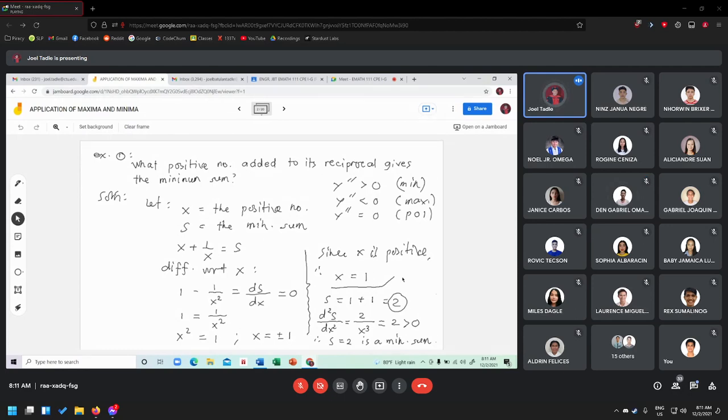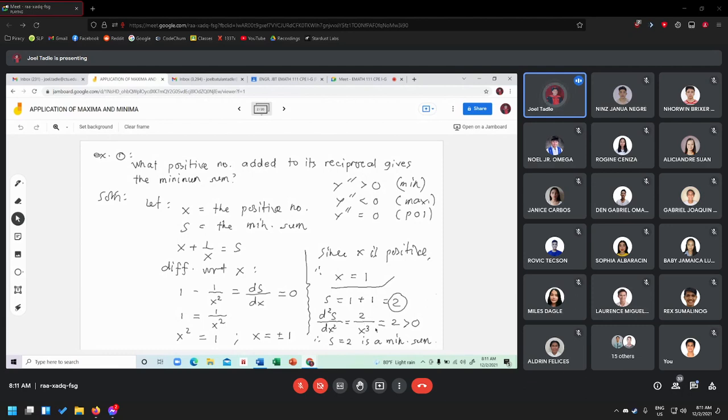So we'll use the positive value, positive 1. Discard negative 1. Then, the sum, therefore, is equal to 2. Because if we add, we have 1 plus 1. Simple arithmetic, no? 1 plus 1 equals 2. So the minimum sum, therefore, is 2.